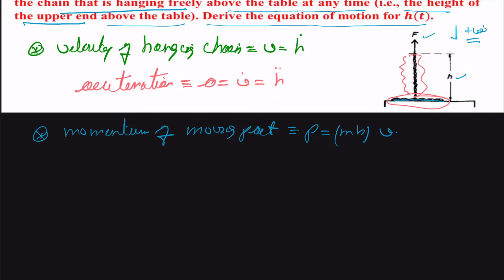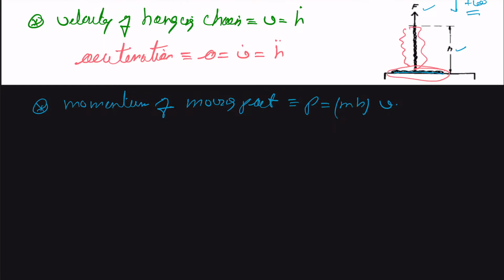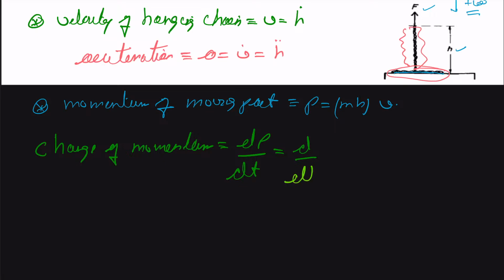Okay. And now we are going to find out the change in momentum. So we can say the rate of change of momentum, that is dp by dt. So this comes as d by dt of mhv. Okay.